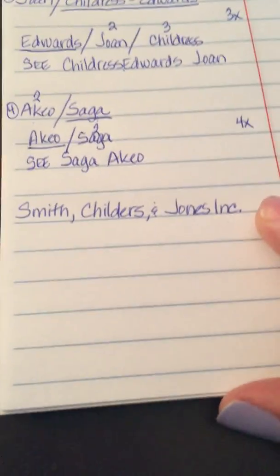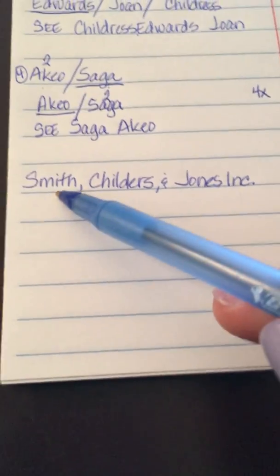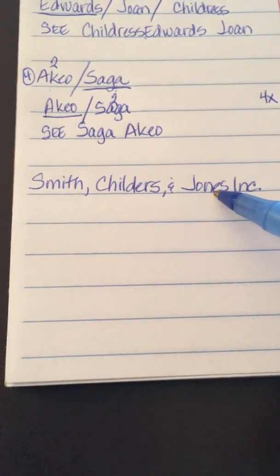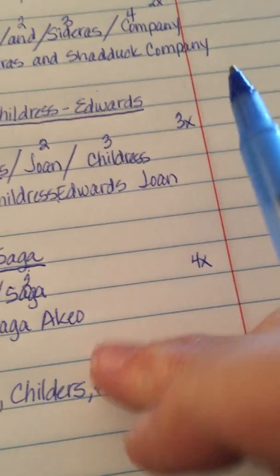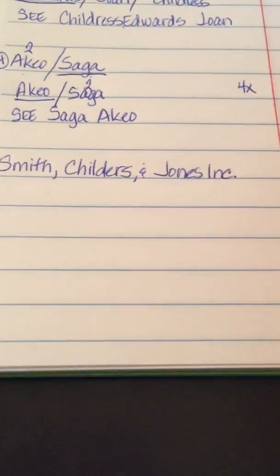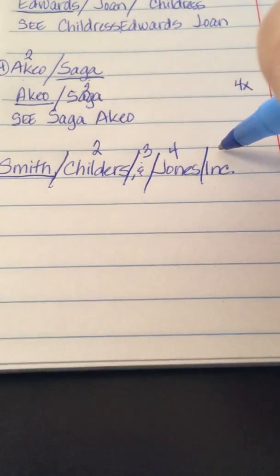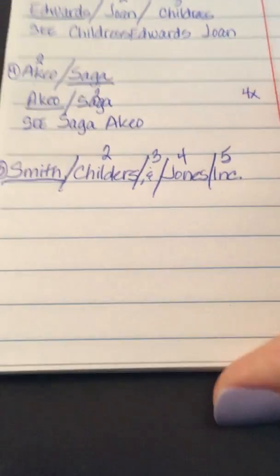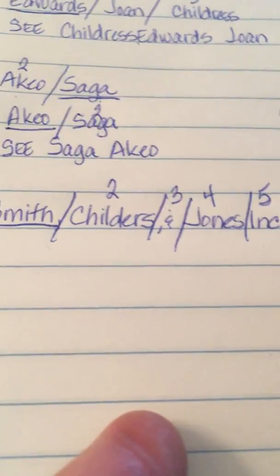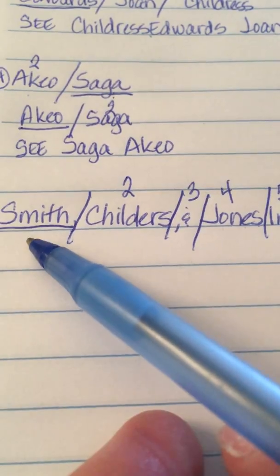All right, now when you have a company name that has, like, three surnames in it, just know that you need to have a cross-reference for each surname other than the first one. So if I'm going to code this, Smith's my key unit, then Childers, then and, Jones, Inc. Now, I'm going to have two cross-references for this one because Smith is already covered in the original coding.